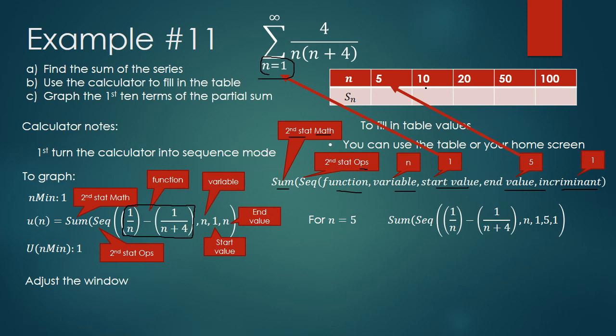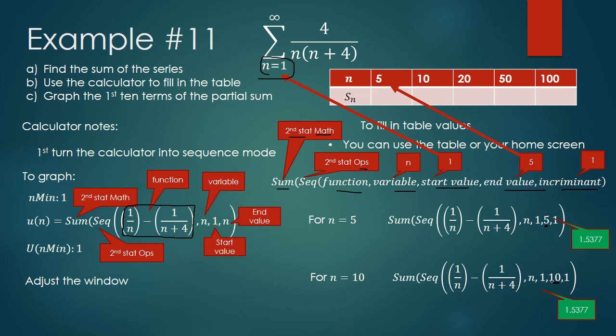So for n is equal to 5, this is what my calculator screen would look like, and this is the answer the calculator would give me. For n is 10, everything's going to be the same. In fact, I press second enter. I don't go through and type everything over again. I press second enter for everything to come up, and then I just change this 5 right here to be 10, and that's the answer that I get. I didn't change that. Rats.